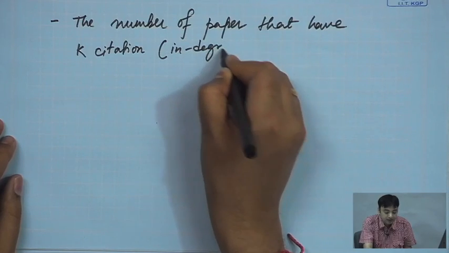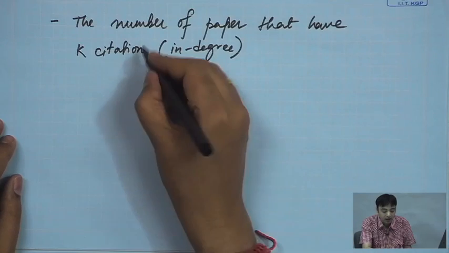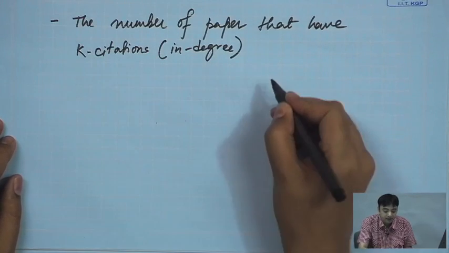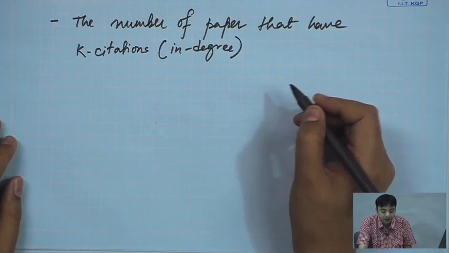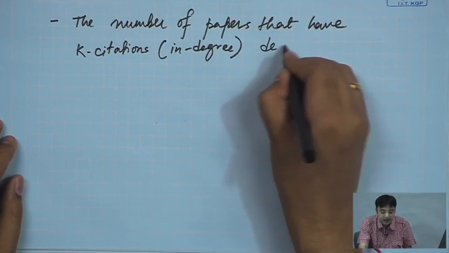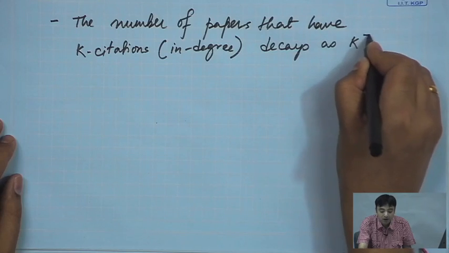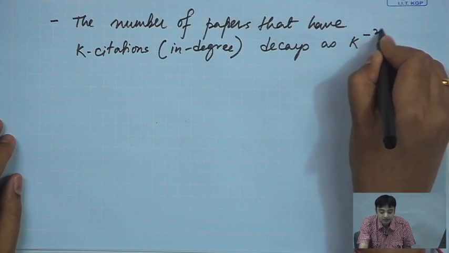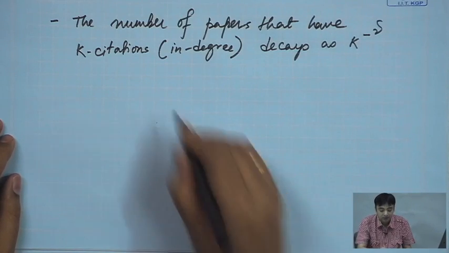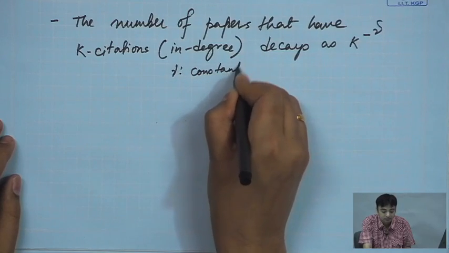Since the citation network is a directed graph, it can have both in degree and out degree. So, the number of papers that have k citations decays as k to the power minus gamma, where gamma is a constant.